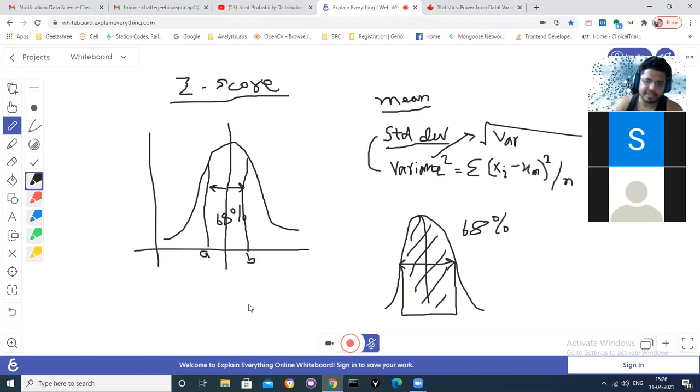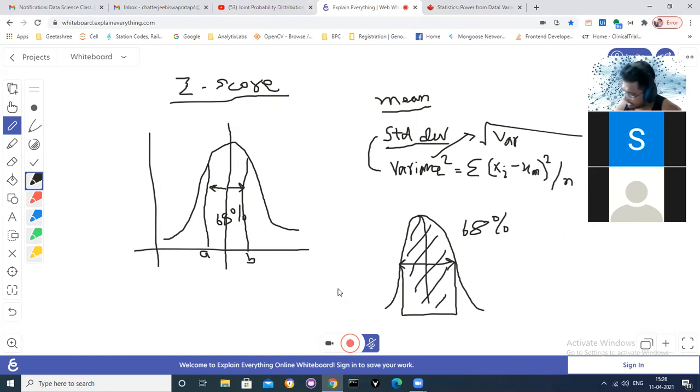Okay, this is a very important conclusion, and this conclusion is directly related with your normal distribution. It is not true for all the distributions. Any distribution which is purely normal, only that will have this property.